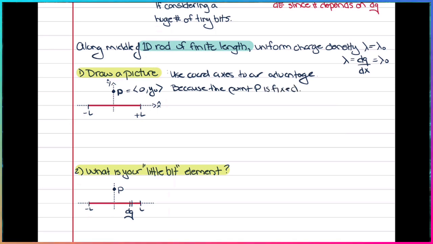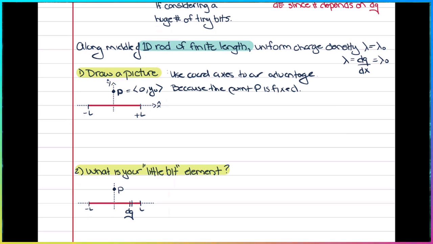I'm curious what's going on at point P. And one of the challenges for these sorts of problems is that you have to identify what you're adding up. In this case, it's not too bad because we know that we have all these little bits of charge that are creating all these little E fields that we want to add up at P. P is not moving around. So I could write just 0, y, and we write 0, y naught, just to remind myself that y naught is a constant. It's just a number.